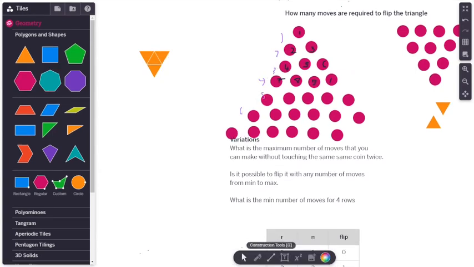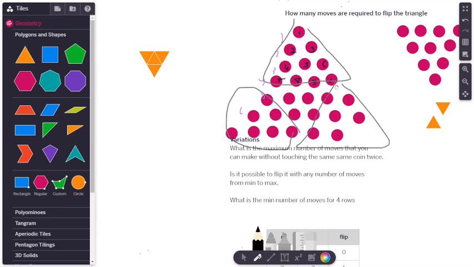So my idea was if we can split it into four triangles, then I should be able to do it in basically these 2 triangles, however many there are.